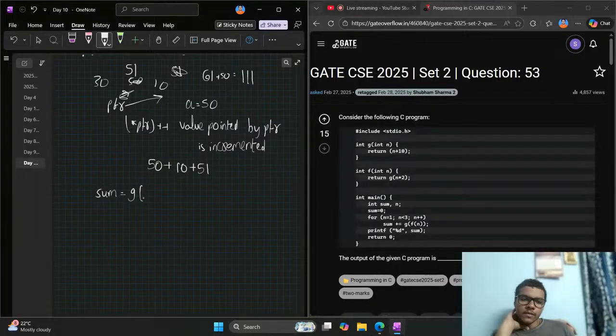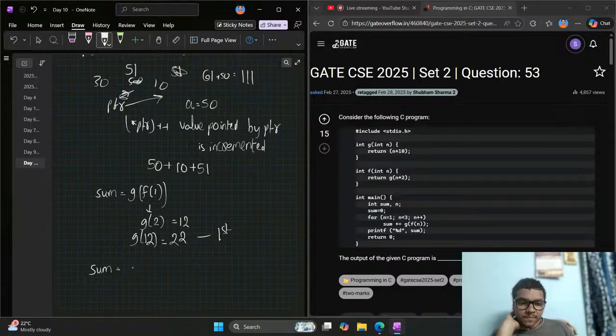What is f of n? F of 1. So f of 1 calls g of 2. So g of 2 returns 12, and now g of 12 returns 22. So first iteration sum is 22, and now again second iteration g of f of 2.